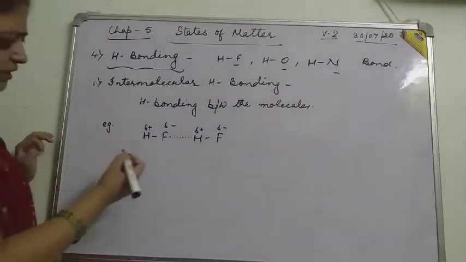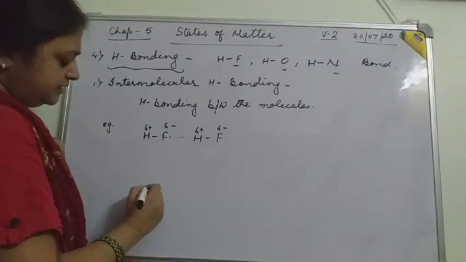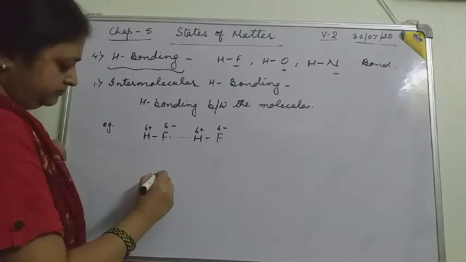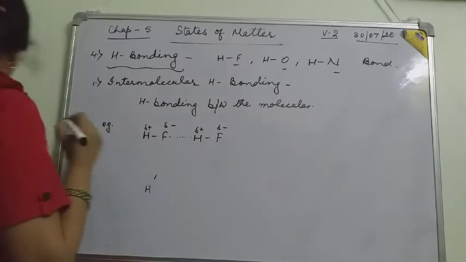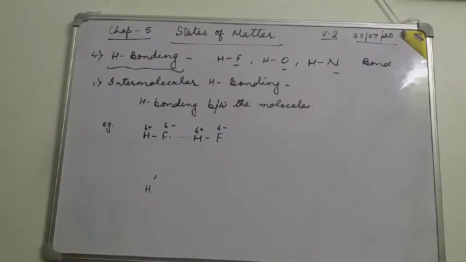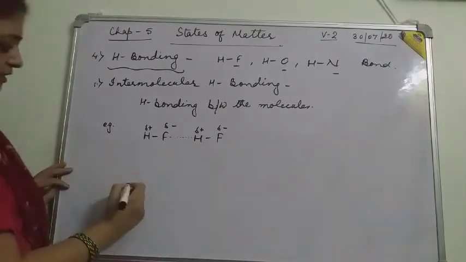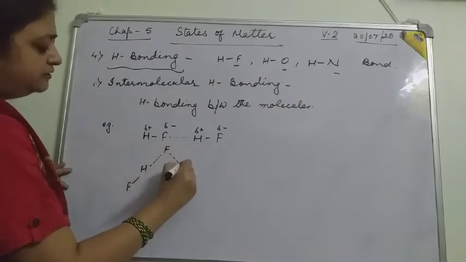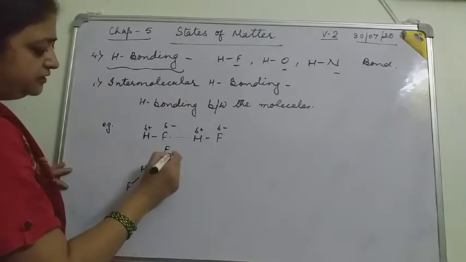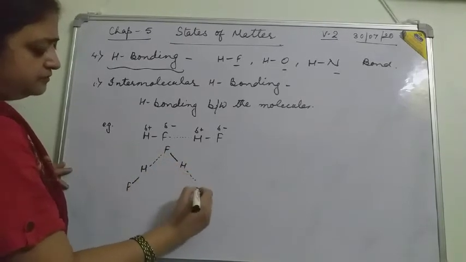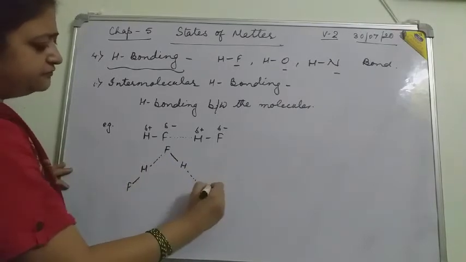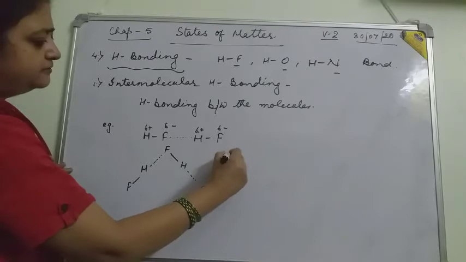So this type of molecule, hydrogen fluoride, is not linear, but zigzag. Hydrogen, then fluorine, then this fluorine with another hydrogen, then fluorine, HF, like this.